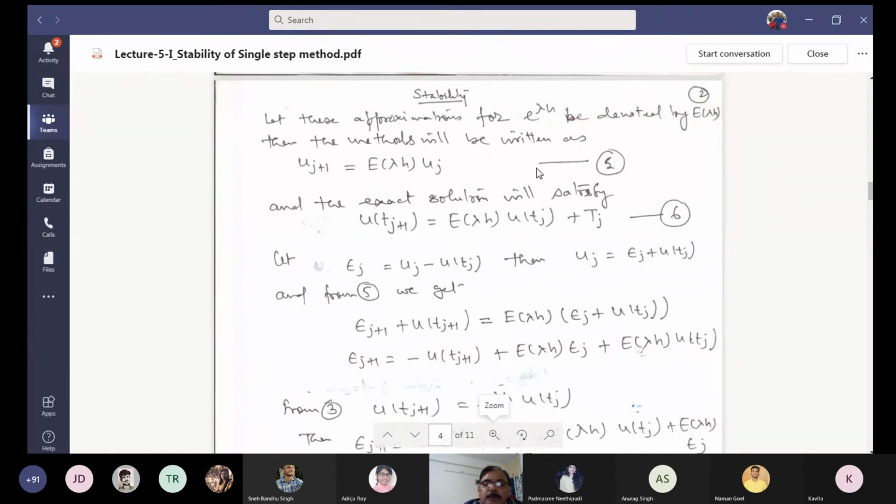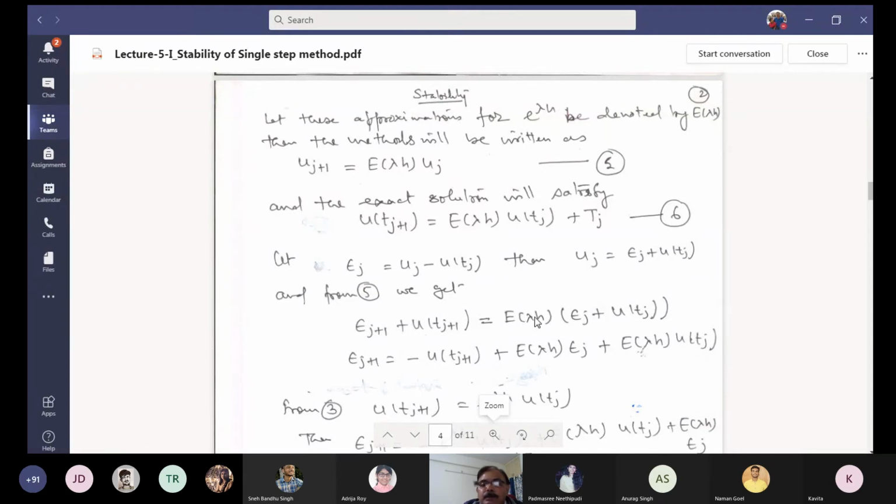I mean, basically from 5 if we see, it will be your epsilon j plus 1 plus u(tj+1). If you put in this 5, it will be epsilon j plus 1 plus u(tj+1), which will be your uj plus 1, right?